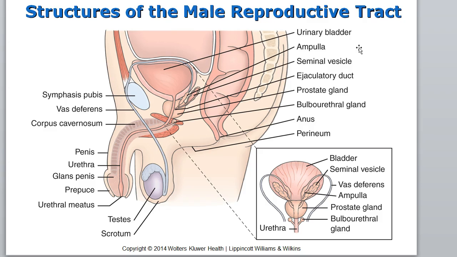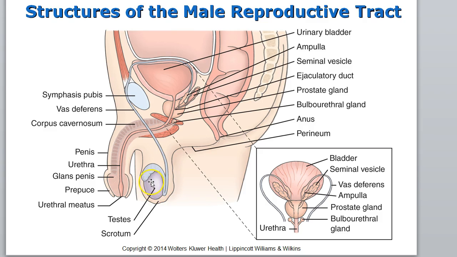So main structures include external genitalia that include the testis, epididymis, scrotum, and penis. The most important reproductive structure is the testis. It has a dual role, a role in sperm production and a role in testosterone secretion. The testes are encased by the scrotum, and the scrotum basically keeps the testis at a lower temperature than the rest of the body.